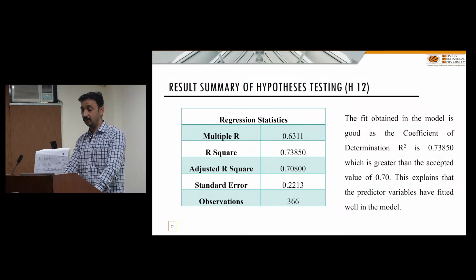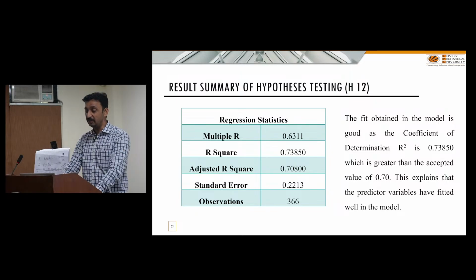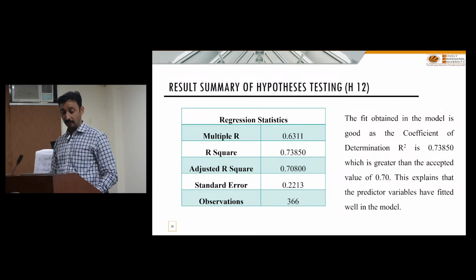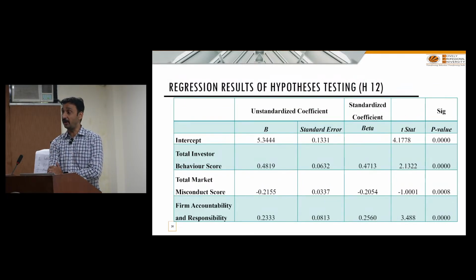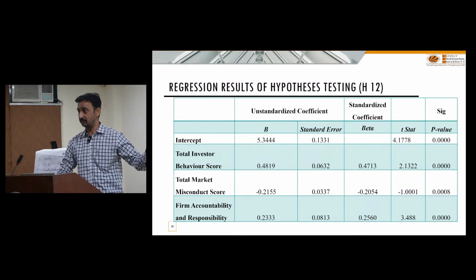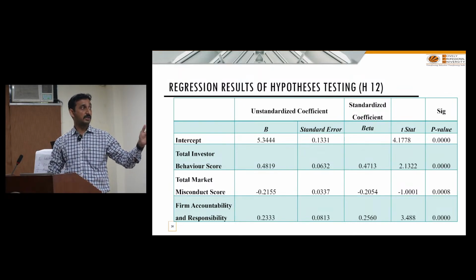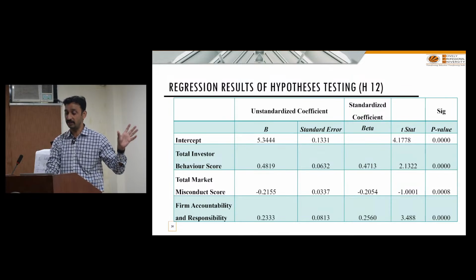And if you look here, again all the p-values of this hypothesis are less than 0.05, and the beta coefficients are shown. One thing I wanted to highlight is that out of 5, I find that 3 have a strong correlation with the market efficiency: investor behavior, market misconduct, and firm accountability and responsibility.